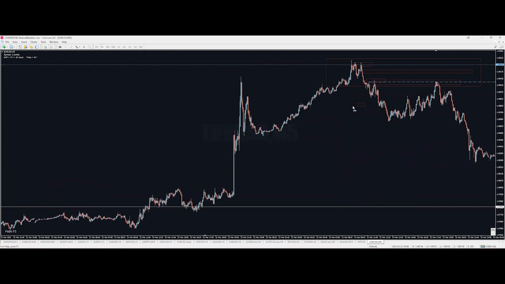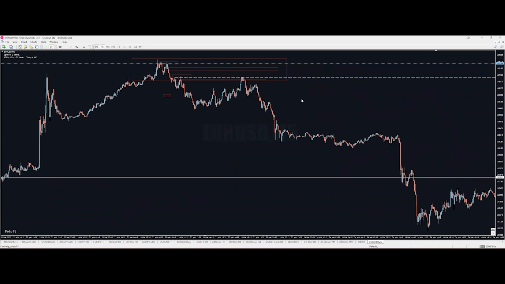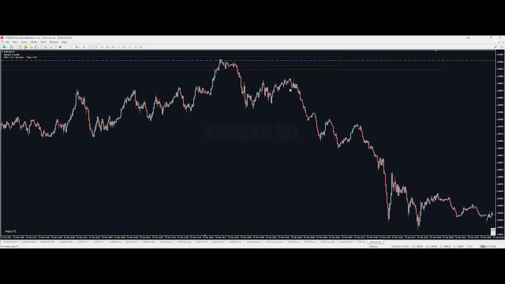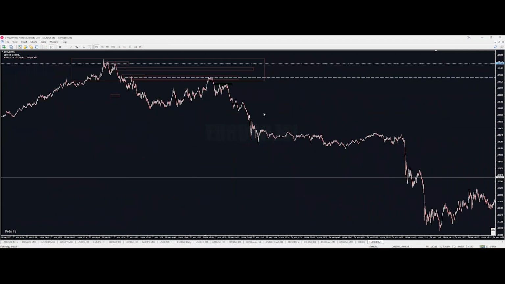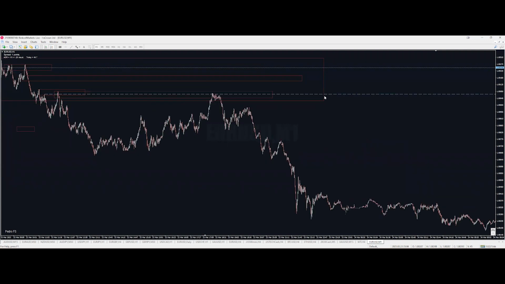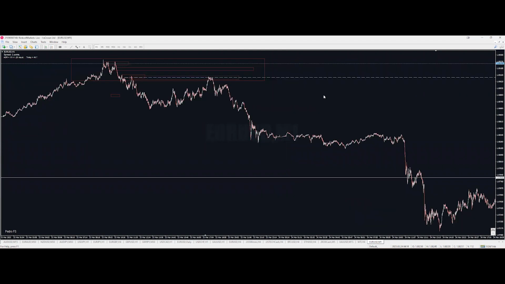Most of the time I'm looking just for indecision candles, where there's been a corrective move, then created an indecision candle and then impulsively moved away from the area. Shows that there's an imbalance within that zone. Gives me a good strong supply demand zone.